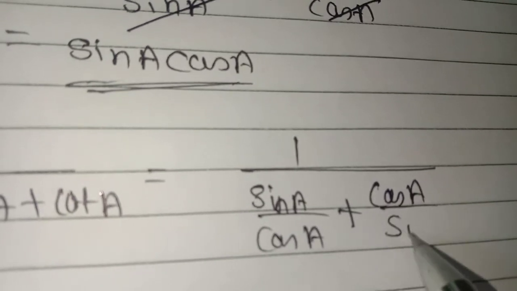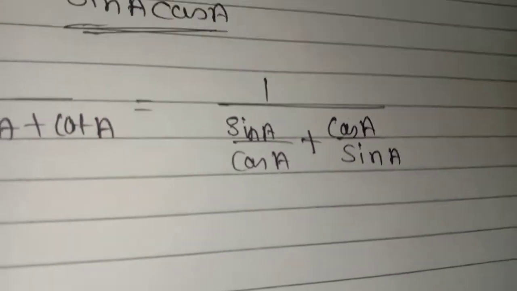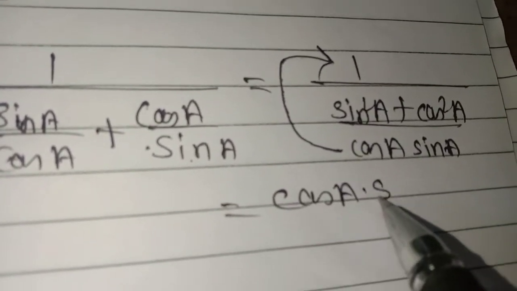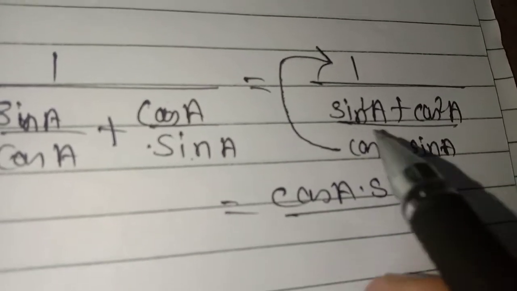Cos A upon sin A. Do one thing, 1 upon, take LCM in numerator, it is cos A sin A. Now cross multiplication is sin square A plus cos into cos, cos square A. Now take this term here in numerator. So it will be cos A sin A upon sin square A plus cos square A, which is what? 1. That is equal to sin A cos A.